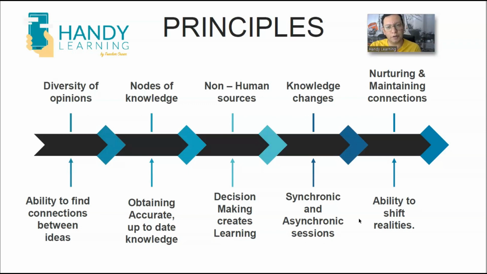One last principle in connectivism is that one must develop the ability to shift realities. What does that mean? It means that according to what we see for the future to come and how the world is going to be changing, there are many things that are happening now that will be transformed and maybe eradicated in the near future.